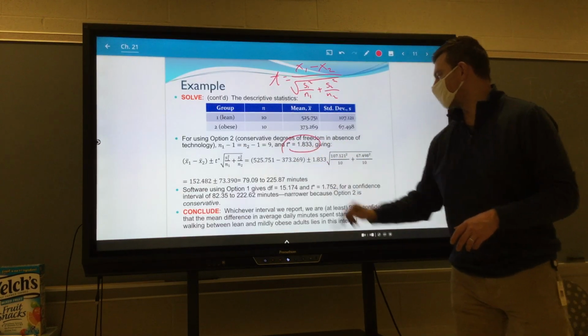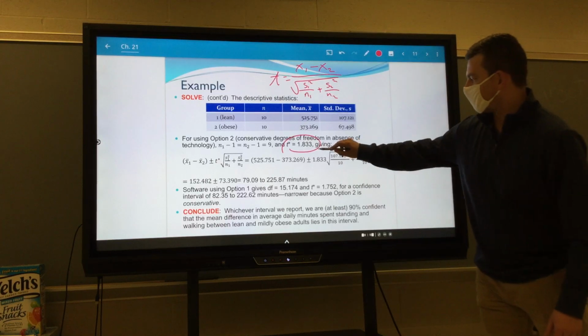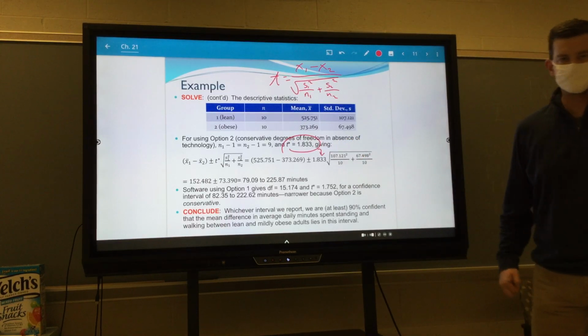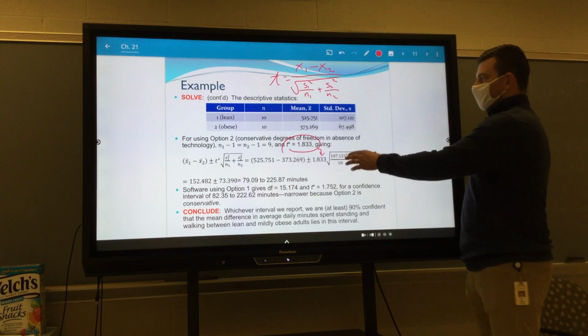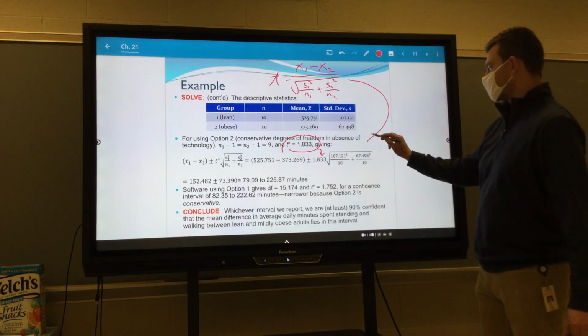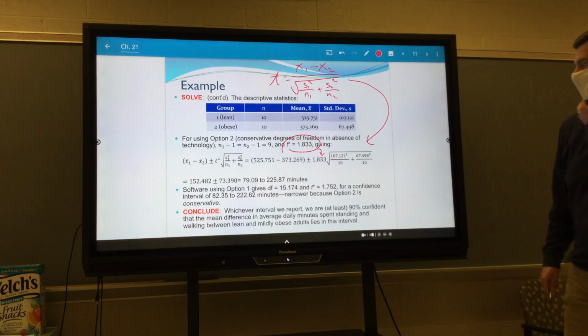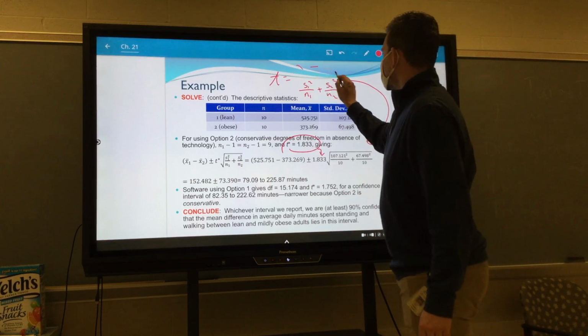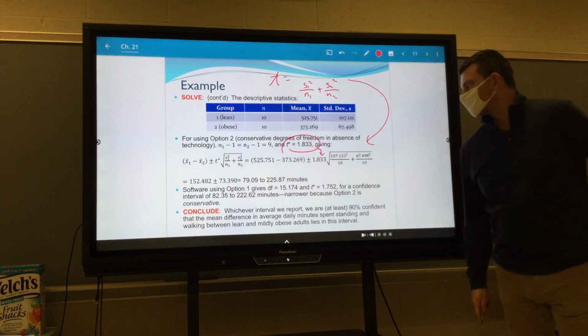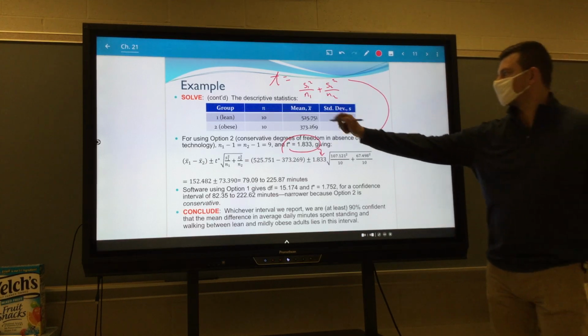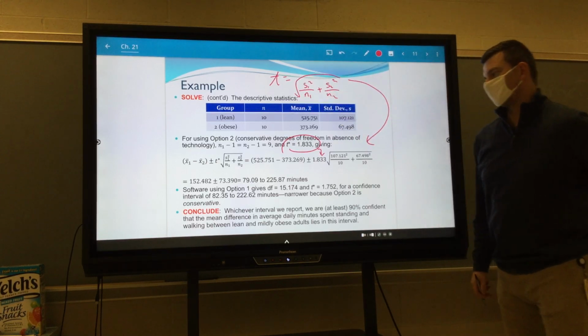There's our T-star, 1.833. That's what goes right after the plus or minus and before our standard error calculation. Actually, for that, you don't need that. You just need the big old square root right there. Okay?